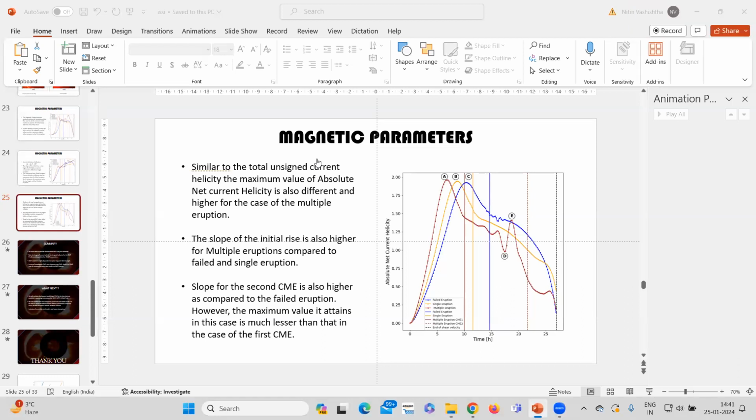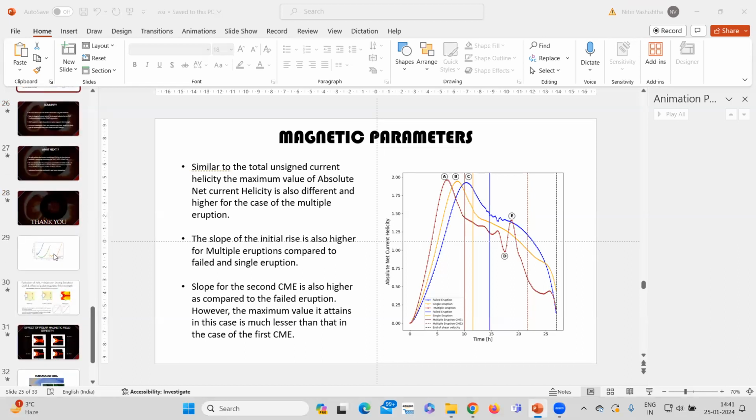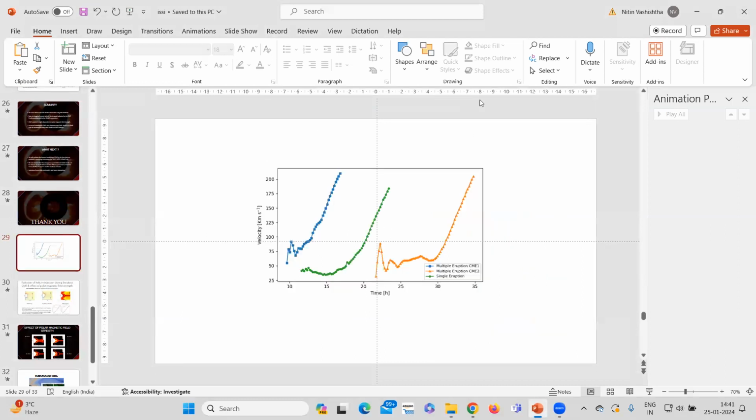Yeah, so I think I also have this height velocity time plot. The green one is for the single eruption, and the orange and the blue are for the multiple eruption case. If we increase the helicity further, then for the first CME we see that it is a more accelerated CME.